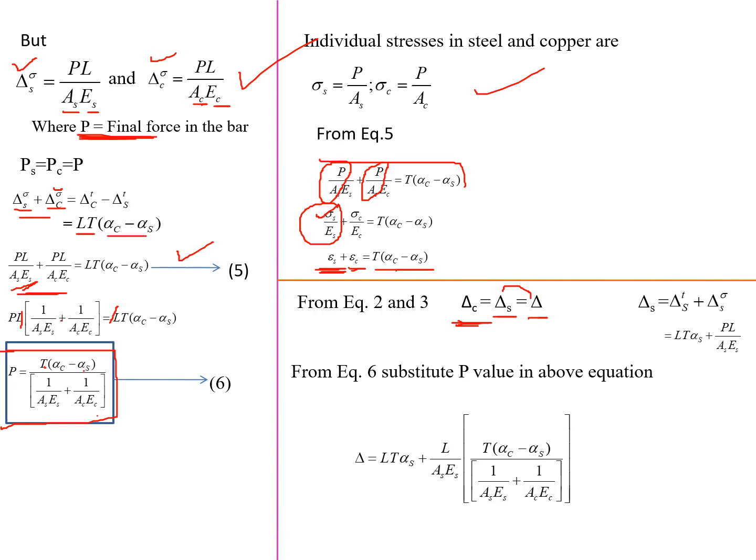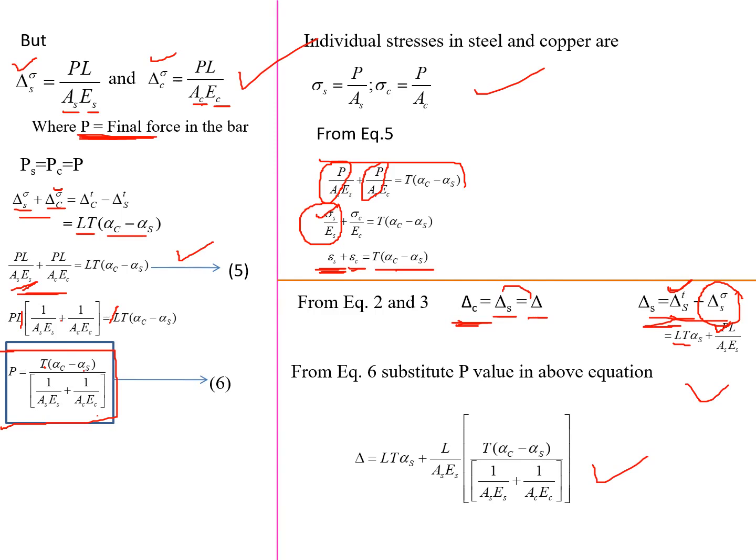The final expansion of the steel is the deformation due to the temperature rise plus the deformation due to the stresses. That is L T alpha S plus, as we already determined, PL by AS ES. Then substitute the P value in this equation, and we will get the final expansion of the composite bar.